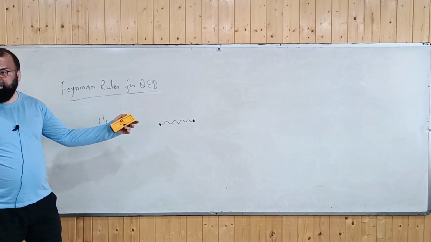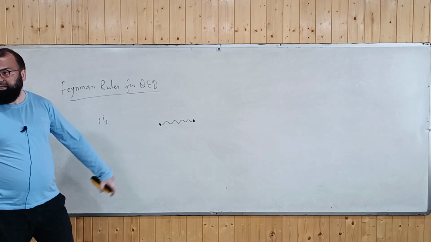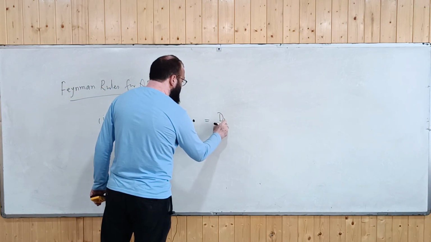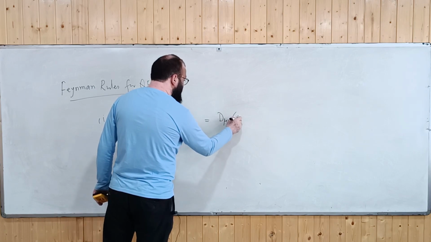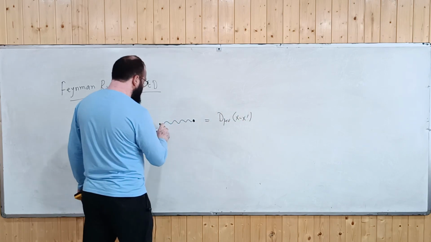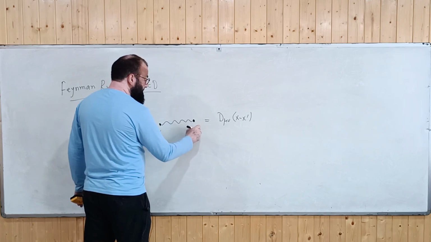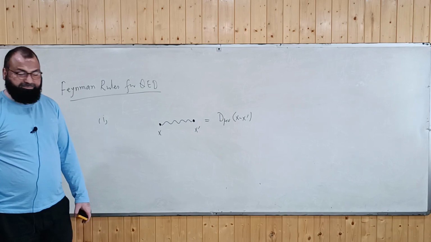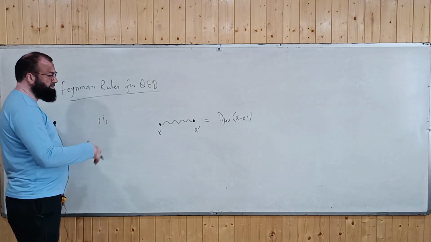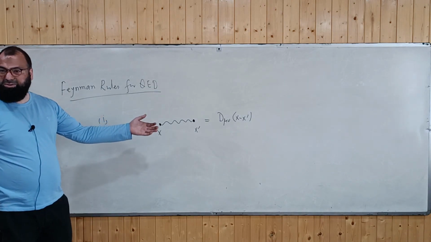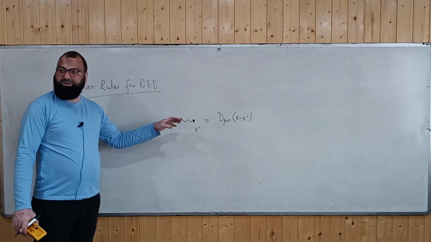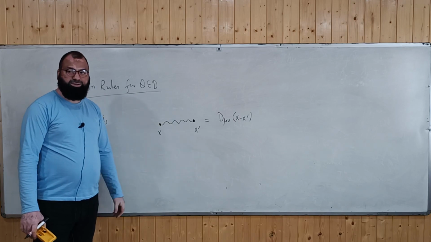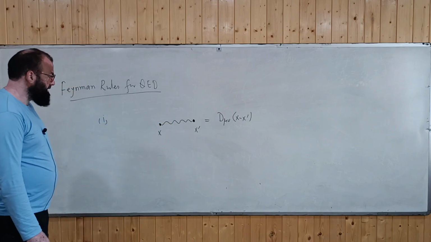A wavy line represents the photon propagator. Clear? How do we write it? As D mu nu of x minus x prime. So if it is some x and it is x prime, it is represented by D mu nu. Understood? There is no arrow on this line. The arrow will be fixed by the arrows of the fermions, the way we have done it in the Yukawa interaction. Clear? Okay.